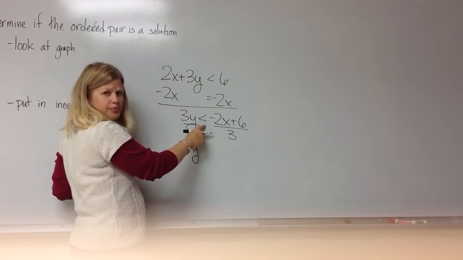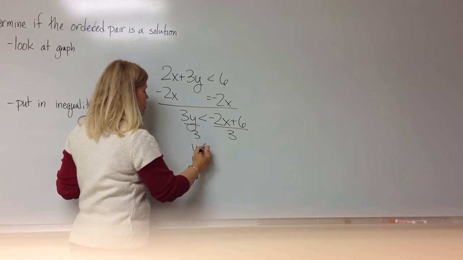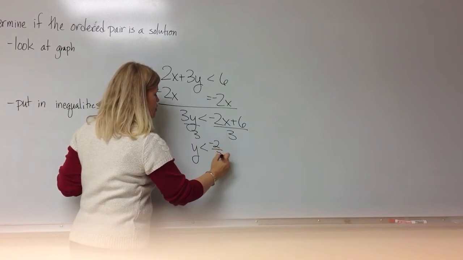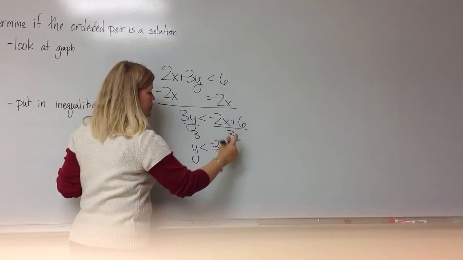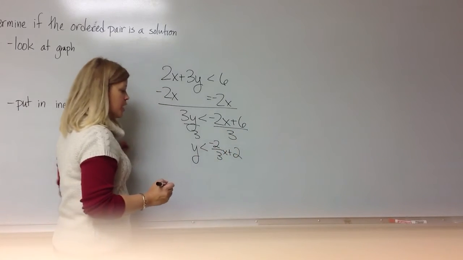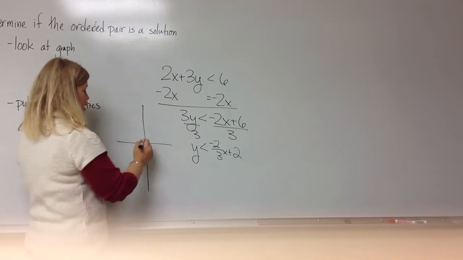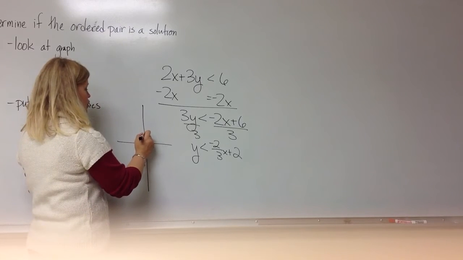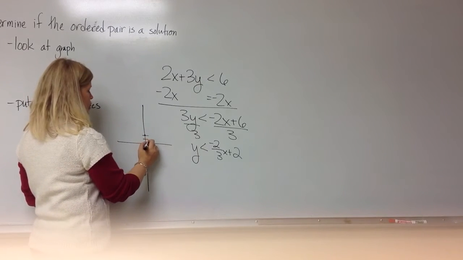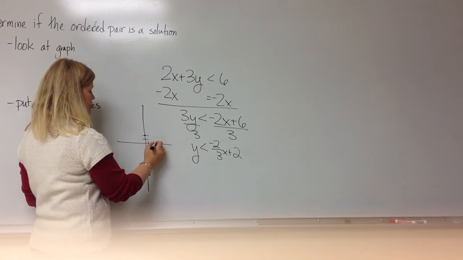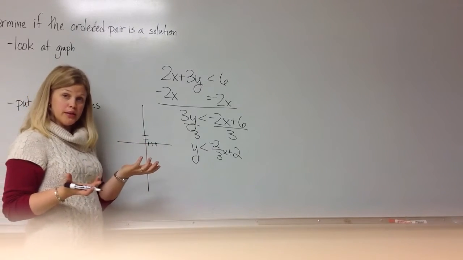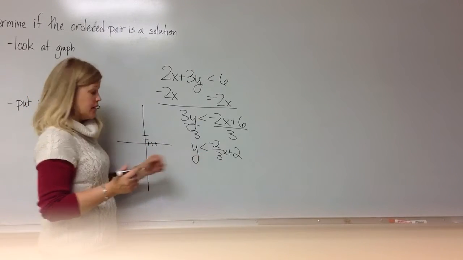Now, are we going to have to flip this around? No, it's fine. We've got negative 2/3 x, and what's 6 divided by 3? Well, it's 2. So let's think about this. What's our y-intercept? 2. It tells us to go down 2 and over 3. So there's our 2 points. Dotted or solid line?